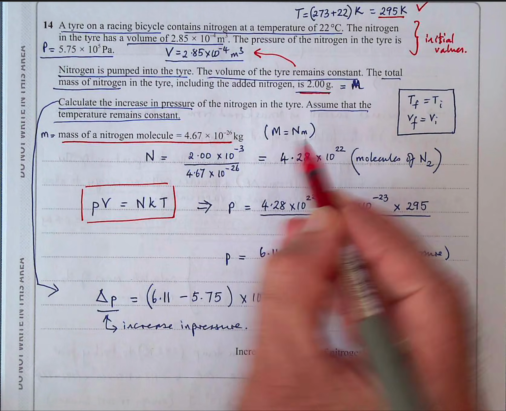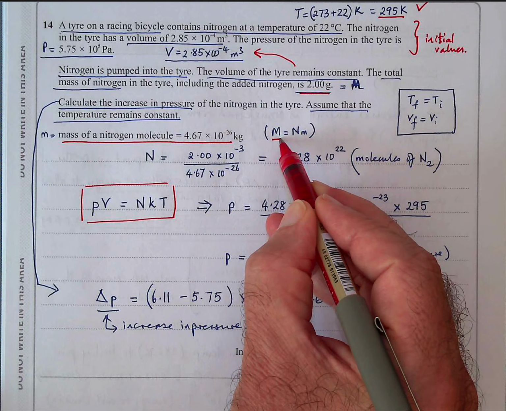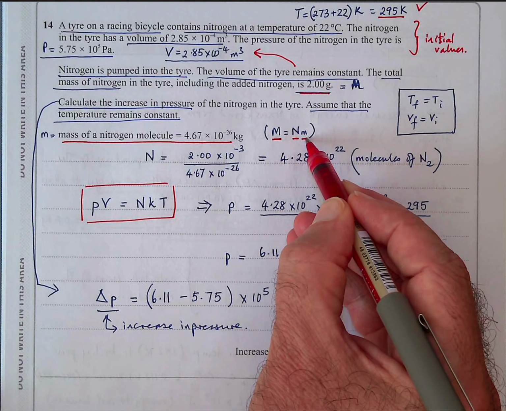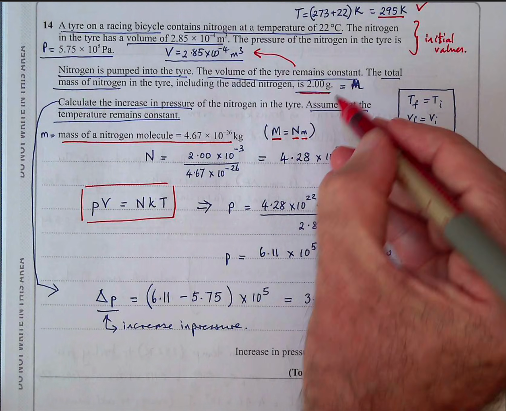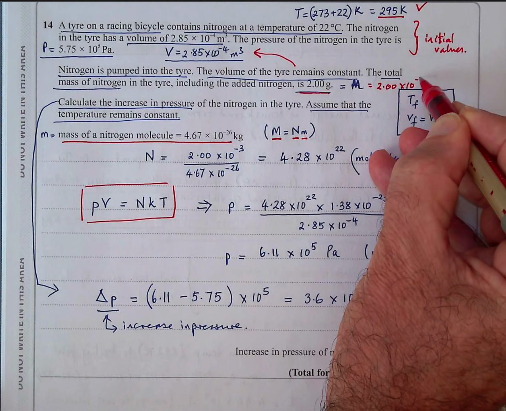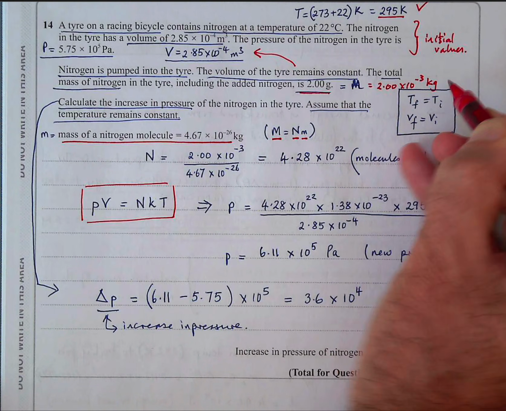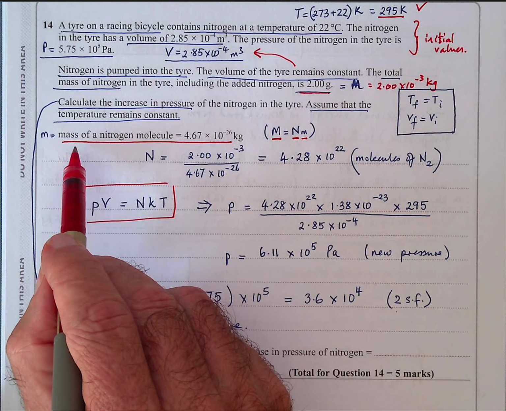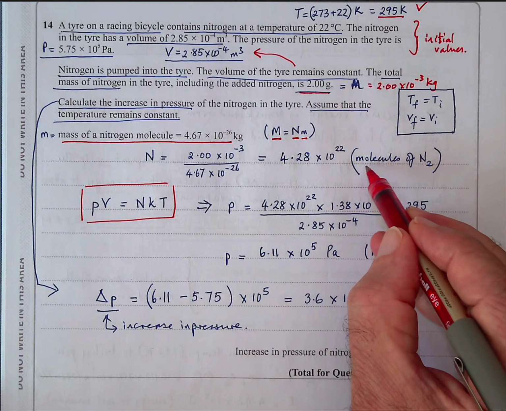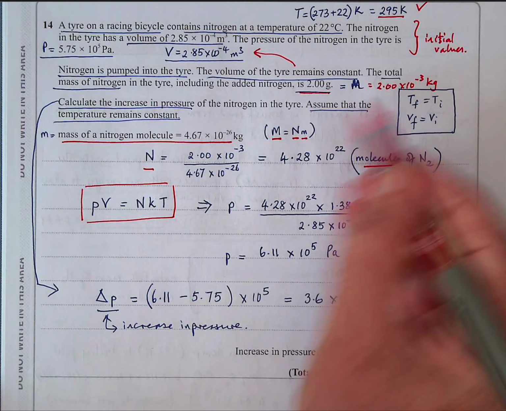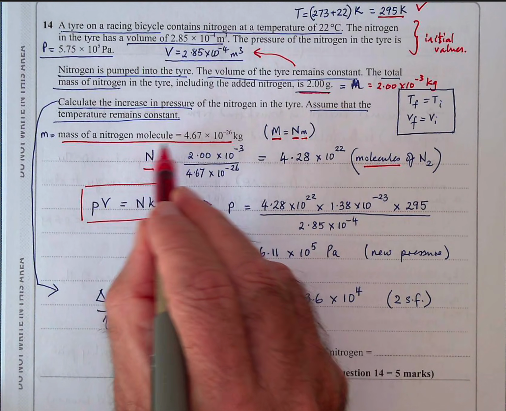So we know that the mass will be the number of atoms times that. But remember, this is equal to 2.00 times 10 to the minus 3 kilograms in SI units. They want us to work out how many molecules there are, which is N. So you divide the mass in kilograms by the mass of each nitrogen molecule.